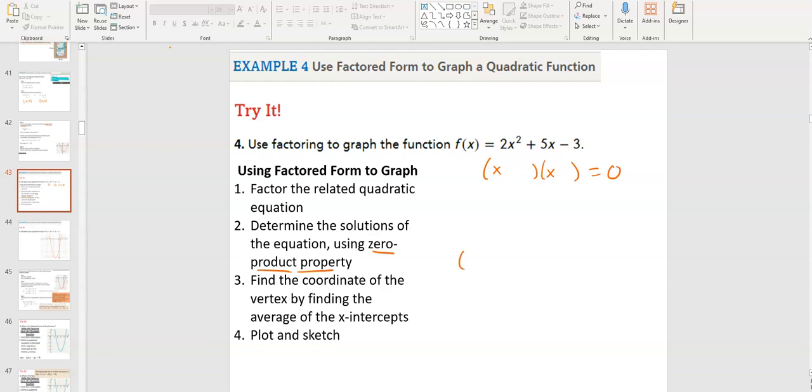Set your two items equal to 0, whatever they are. And then you're going to find that vertex by finding the average of the x-intercepts. So you add your two x-intercepts, divide by 2, and that's going to be your x-coordinate. Plug it back in, and you'll get y, and then sketch a graph.